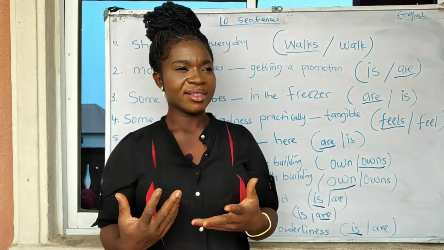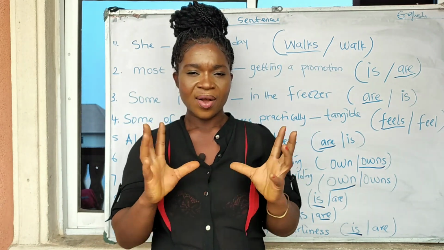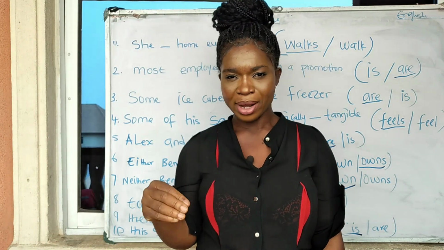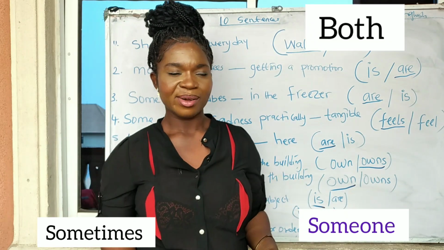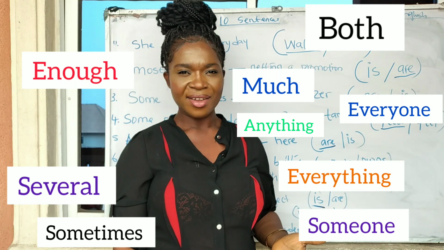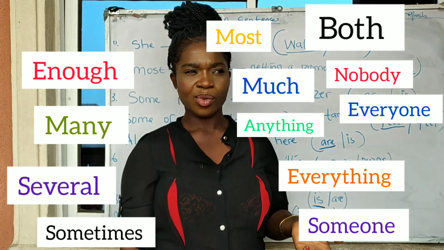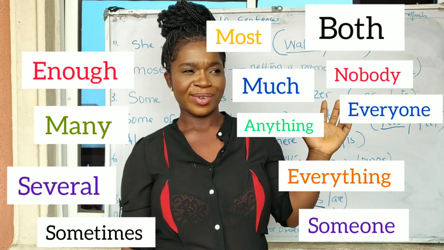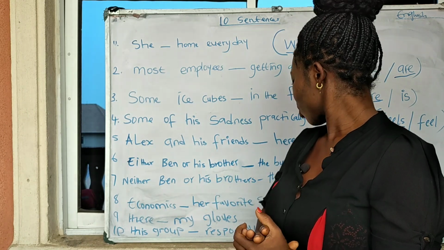When we're talking about indefinite, it is a whole put together, so it doesn't give you a specific number or amount. For instance, indefinite pronouns include everyone, everybody, everywhere, everything, both, much, enough. What are they? Either, neither, both.